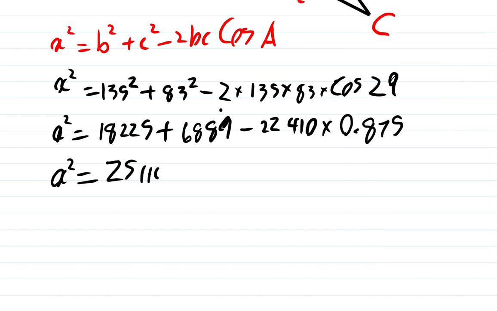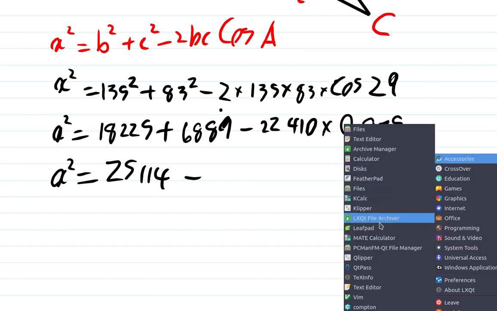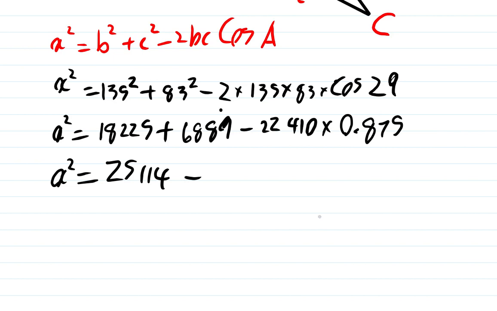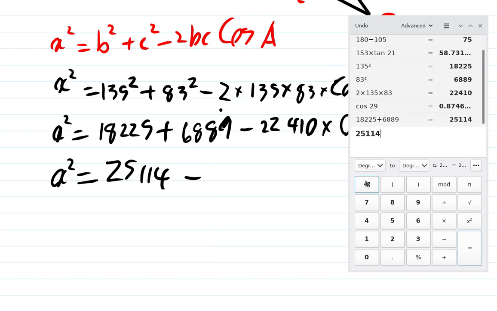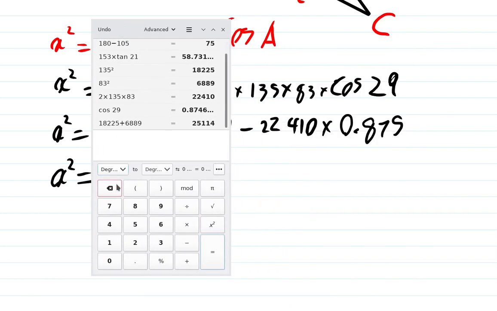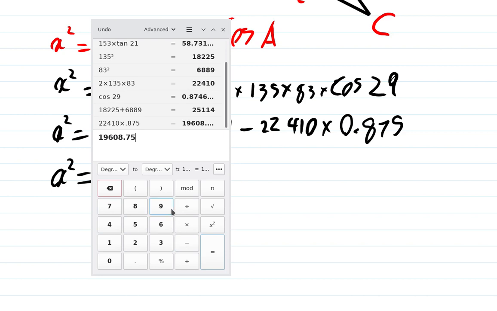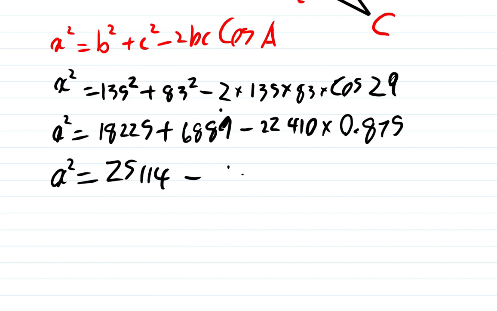So 25,114 minus, and then we do that piece of multiplication: 22,410 times the cosine of 29, which is times 0.875, equals, call it 19,608.75.